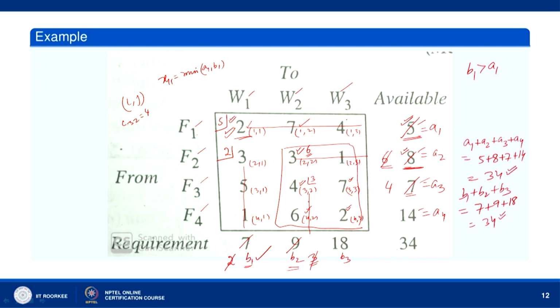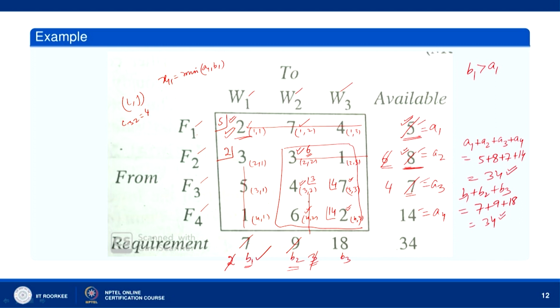So, from F3, W3 will now receive the remaining 4, and from F4, W3 will receive this 14, the 4 3 cell. So, what do we have?